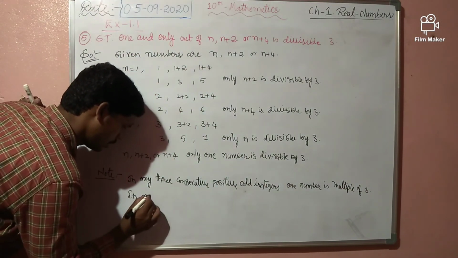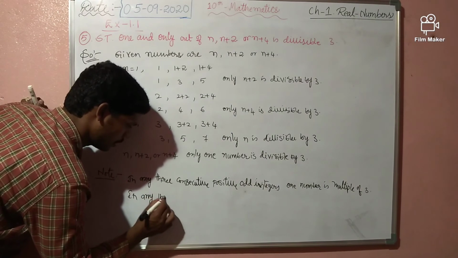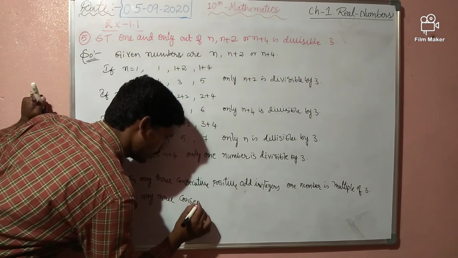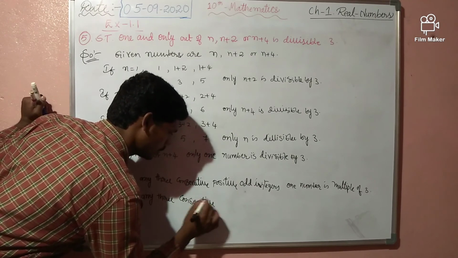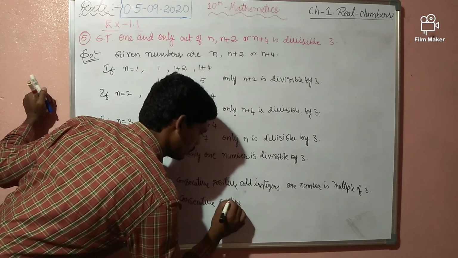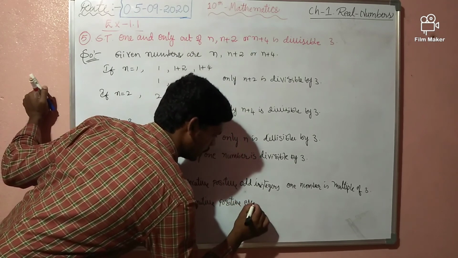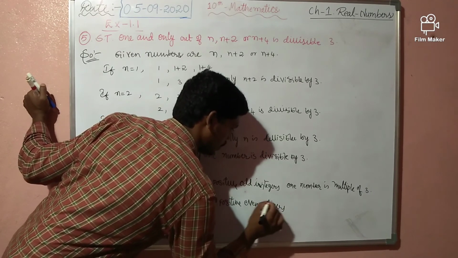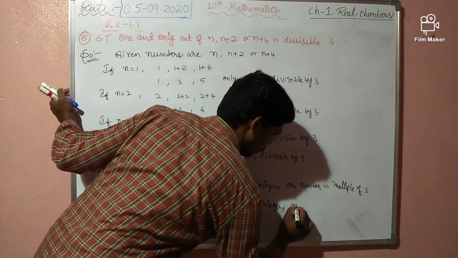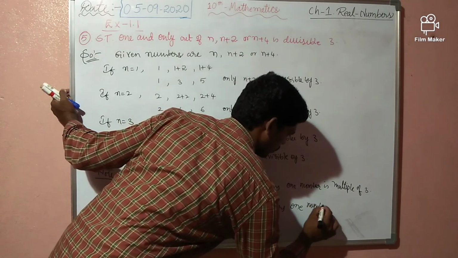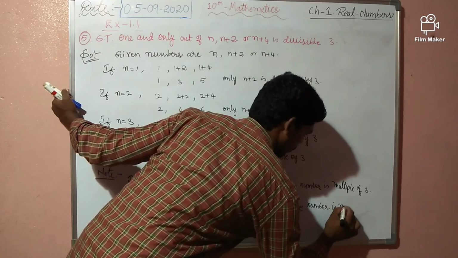In any three consecutive positive even integers, one number is a multiple of 3.